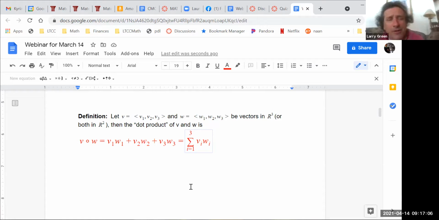And by the way, if you do coding, and I strongly recommend learning how to code, if you ever want a good job in STEM, coding is important, okay? And it's not going away. Then you would do this as a for loop, and you would do for, say, int i equals 1, semicolon, depending on your language, and then 3, and then you would say vi times wi, and then plus plus.